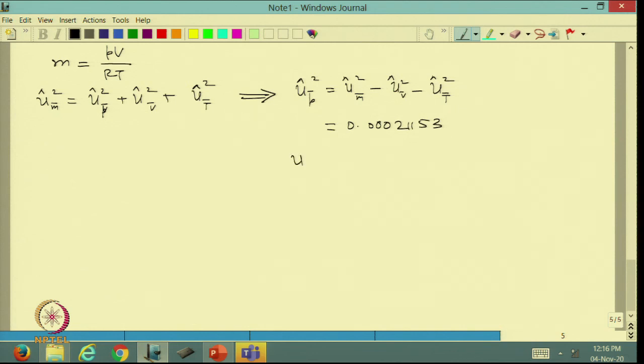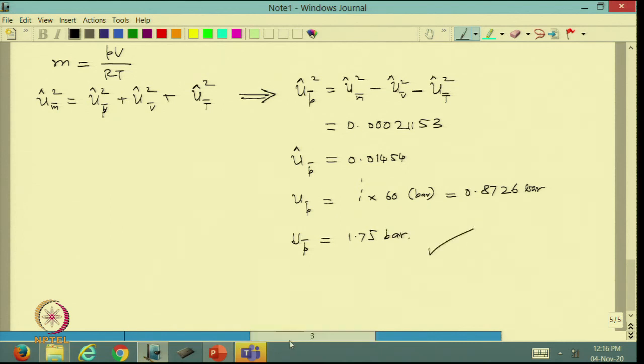And we take the square root of that, and we get u hat P bar equal to 0.01454, and from there we get u P bar as this value multiplied by 60 bar, which is equal to 0.8726 bar, and the expanded uncertainty in pressure should then be twice this value, which is about 1.75 bar.